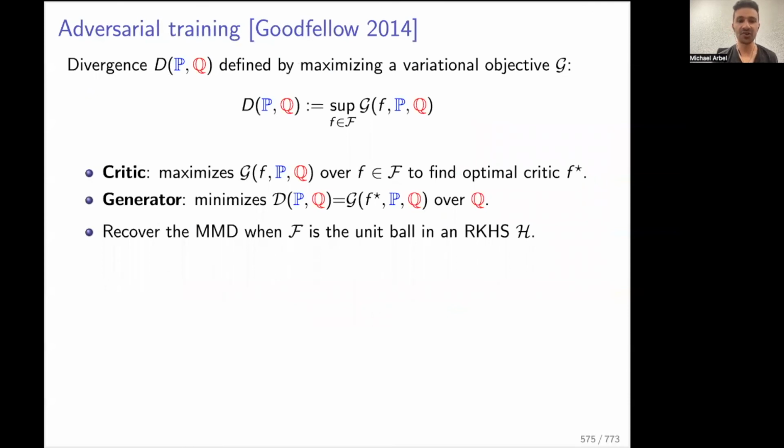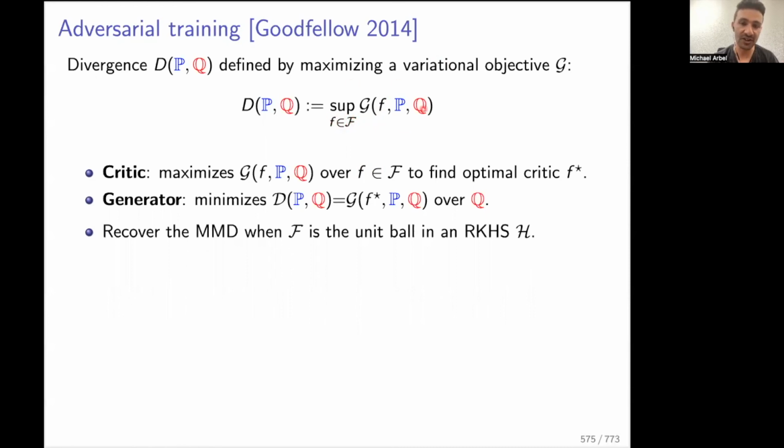Okay, and so a general approach to learning these models, implicit generative models, would be to define a divergence between distributions, in this case, the data and the model. And this divergence is itself defined by maximizing some variational objective. And this objective depends on functions that belong to a set that is predefined.